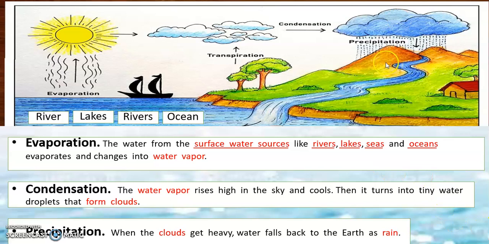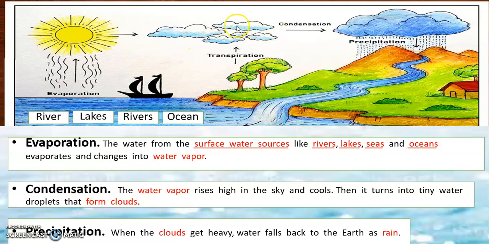Okay, next, this is the same. Evaporation is when surface water sources like rivers, lakes, seas, and oceans evaporate and change into water vapor. After that, condensation, number 2: the water vapor rises high in the sky and cools, then turns into tiny water droplets that form clouds.